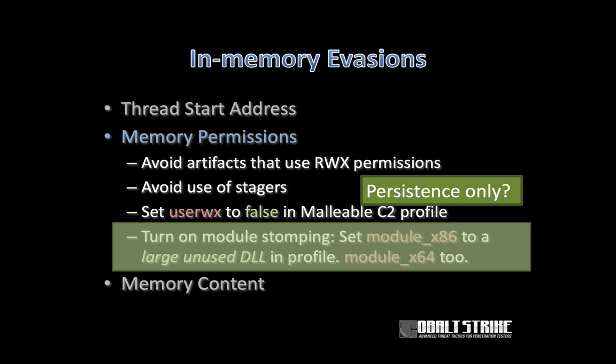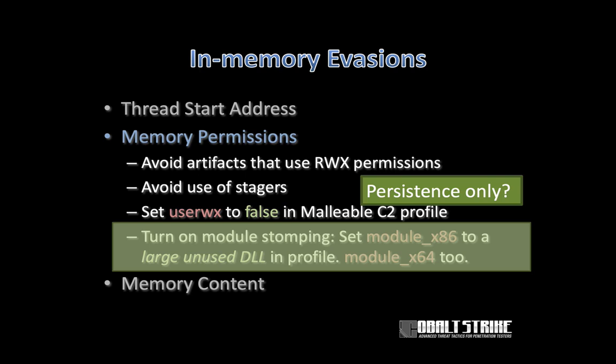The other problem with module stomping is you now have this very odd DLL that's not used in many places being loaded everywhere your Beacon is being loaded. For this reason, I would not use module stomping in my daily driver post-exploitation payload.